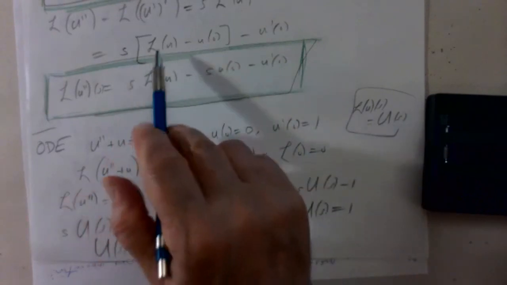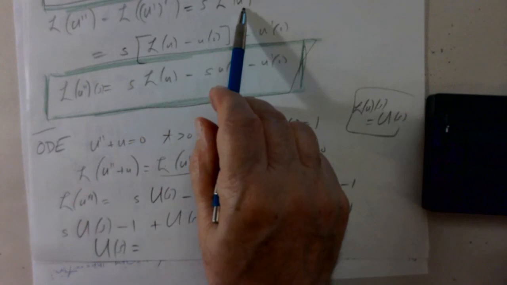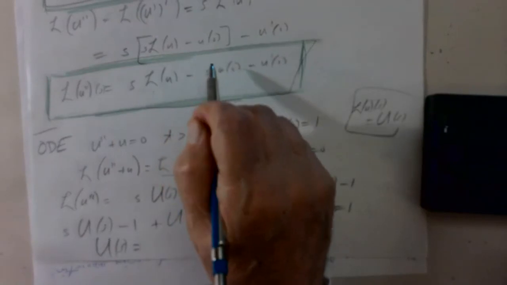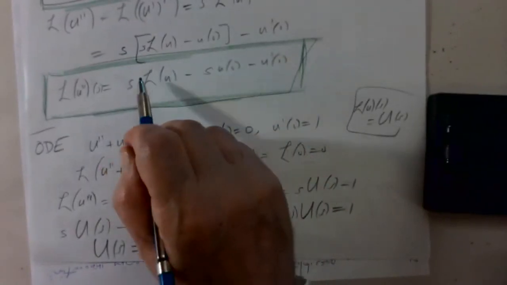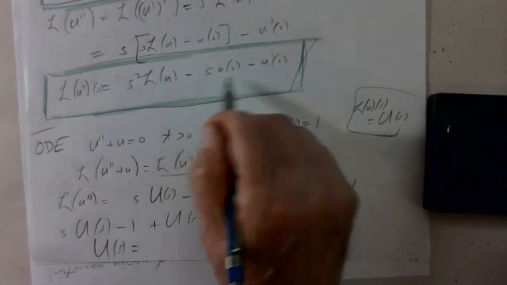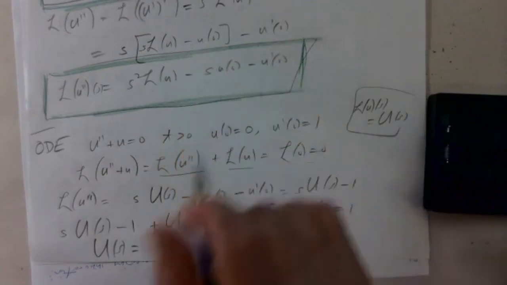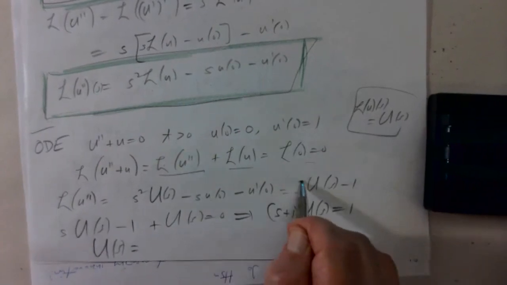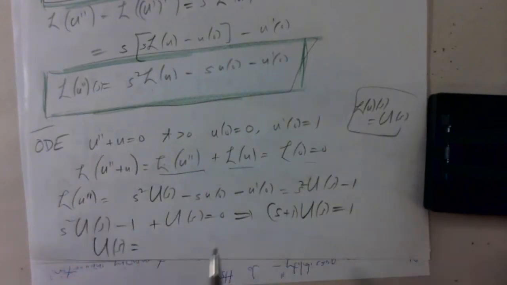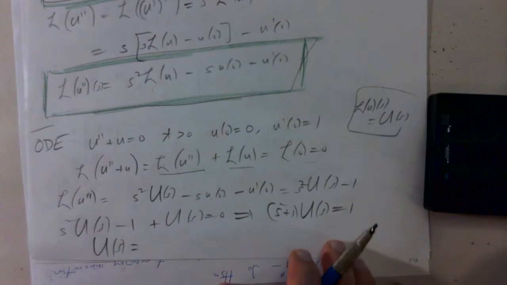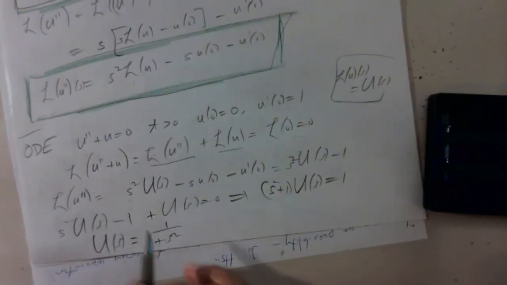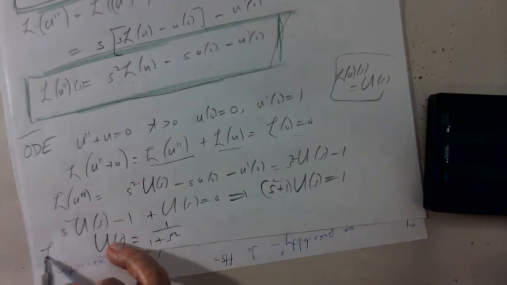L of u double prime was s squared L of U minus this. So this is s squared U minus s times 0 minus 1. That's right. So U of s is equal to 1 over 1 plus s squared. This is the Laplace transform of u.